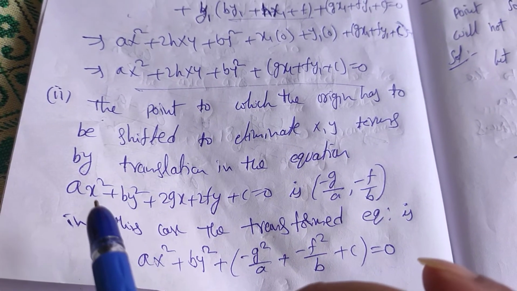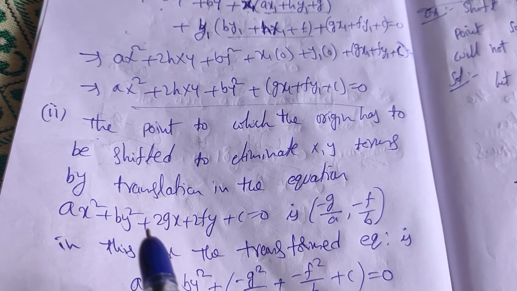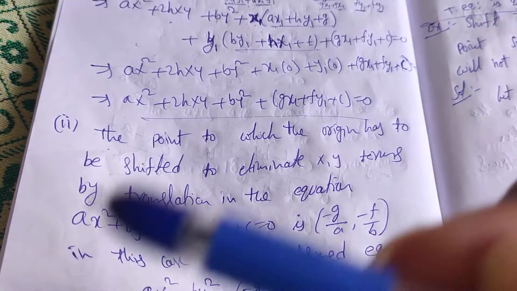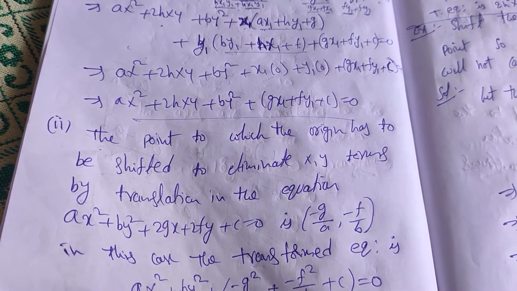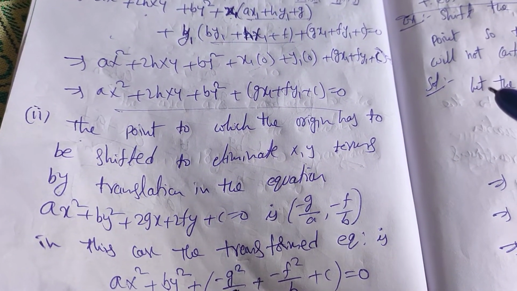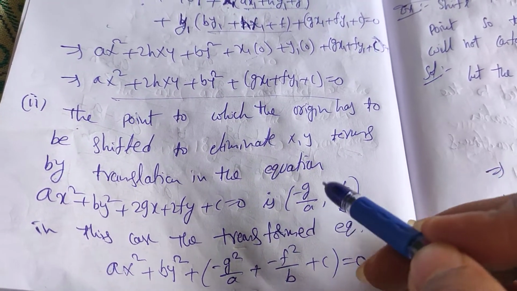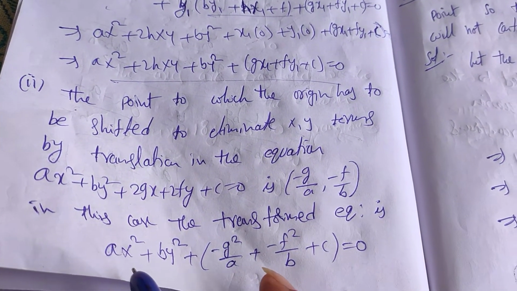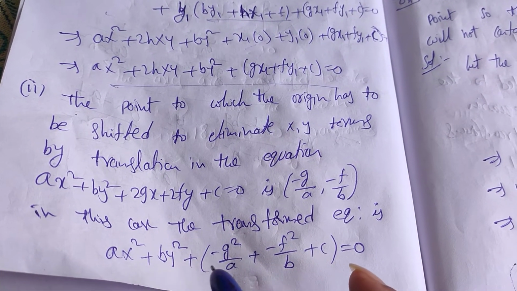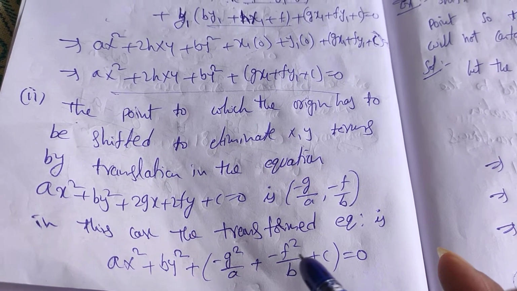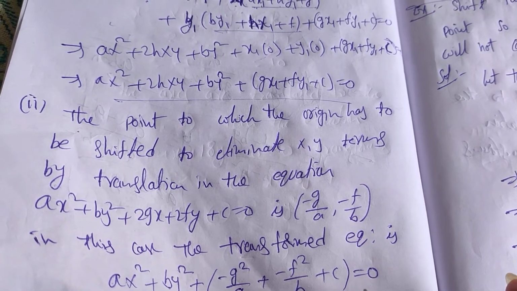So whenever the xy term is not there in the original equation, the transformed equation when the origin is shifted to (−g/a, −f/b) is ax² + by² + (−g²/a) + (−f²/b) + c = 0.